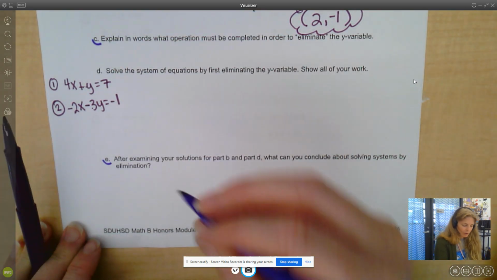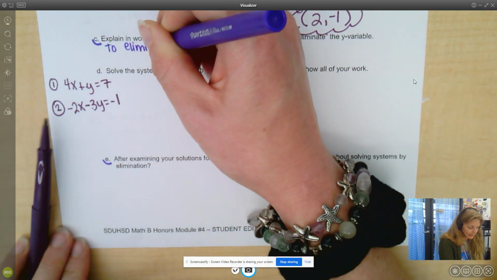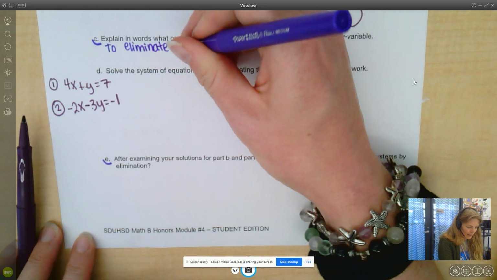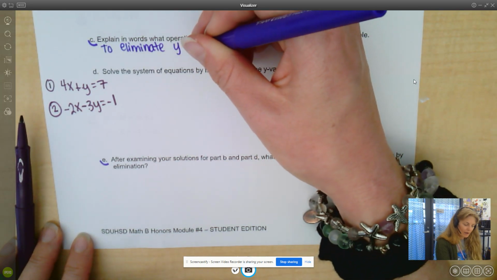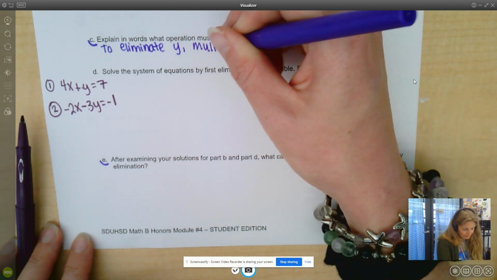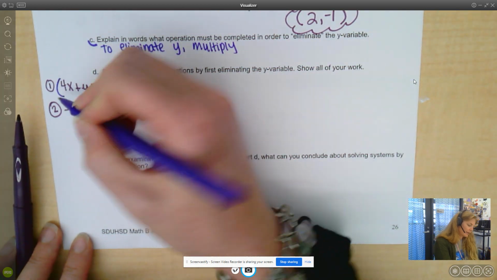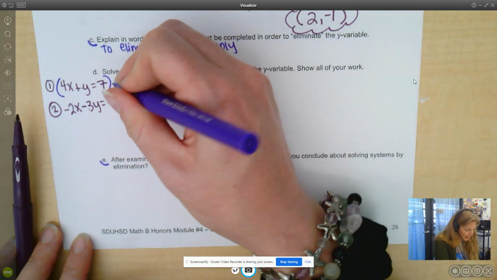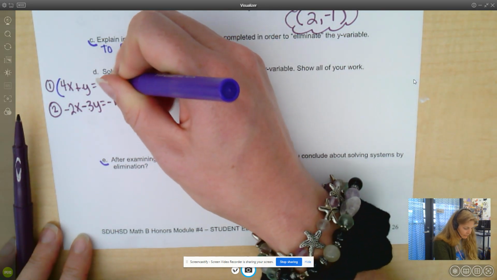So using words, to eliminate the y variable, multiply. Let's think about this. I would need to multiply this first equation by just 3.